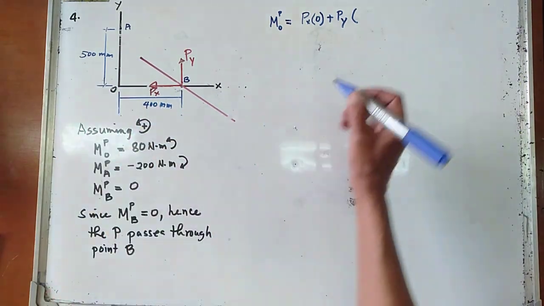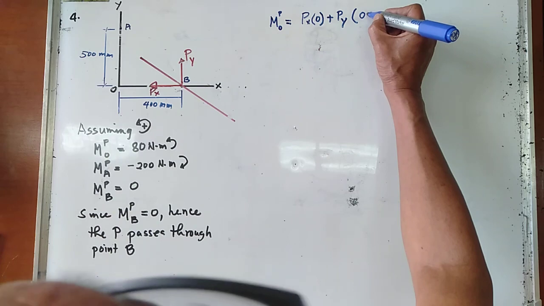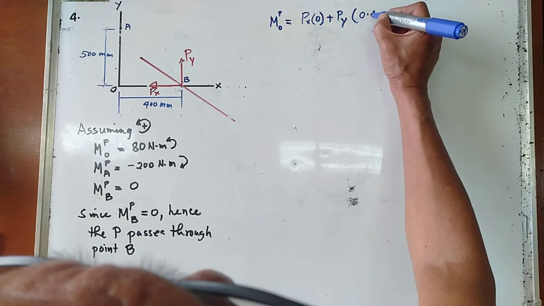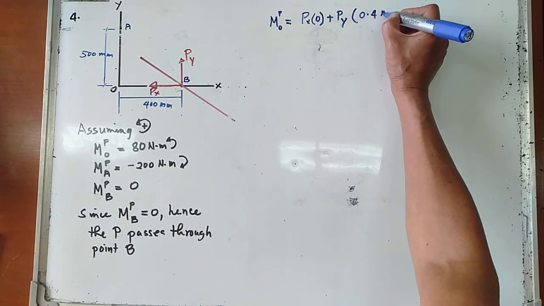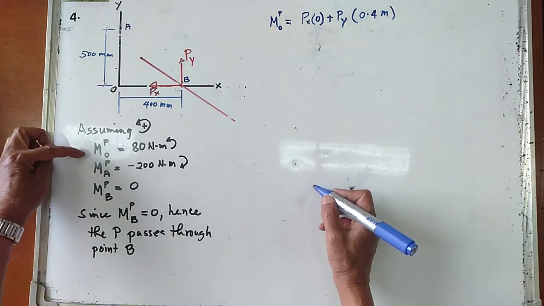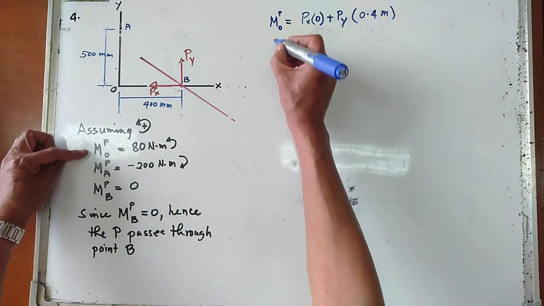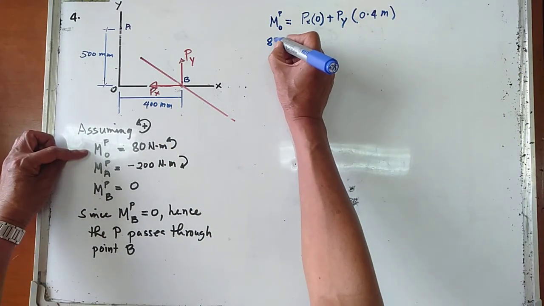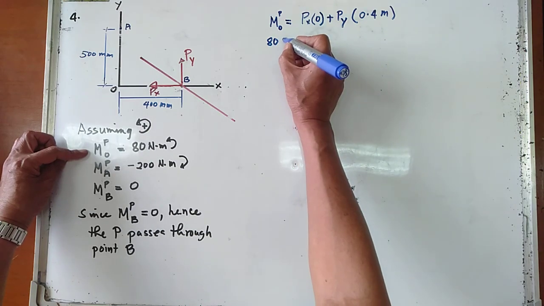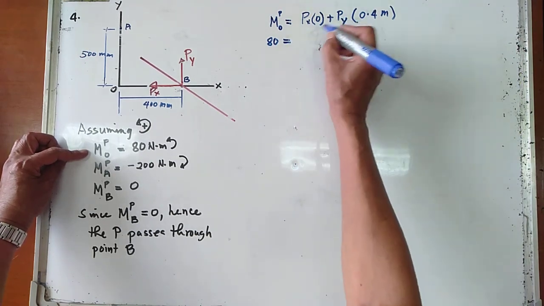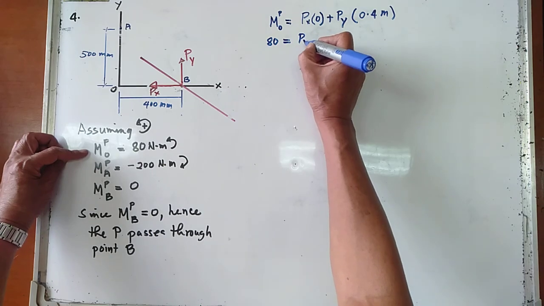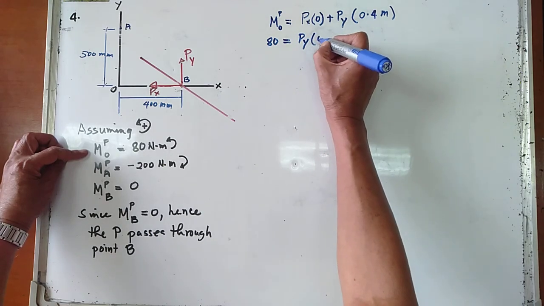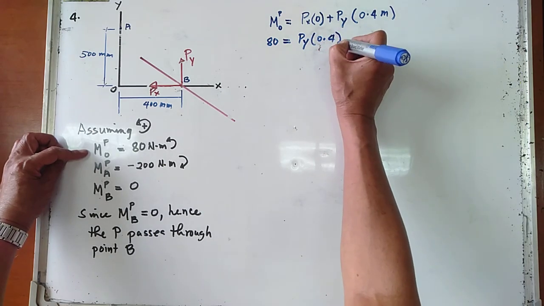And 400 mm is equal to 0.4 meters. Now, the moment of the force P about point O is counterclockwise, so that is 80 Newton meter. And that one is equal to Py multiplied by 0.4.